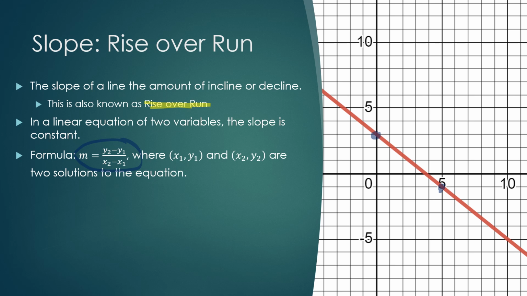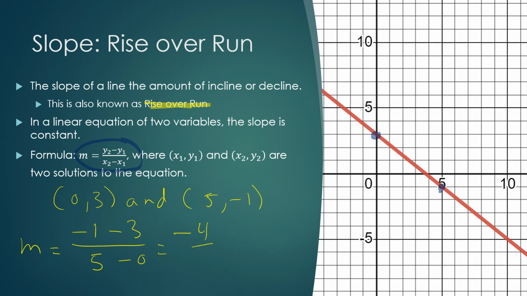Those two ordered pairs are 0, 3 and 5, negative 1. To find the slope using the formula, I take the y value from one ordered pair and subtract the y value from the second, then divide by the x value of the first minus the x value of the second. We get negative 4 over 5, and that is the slope.